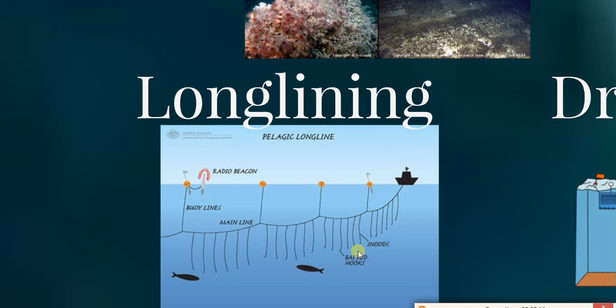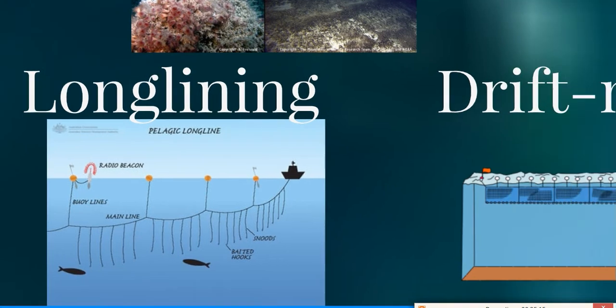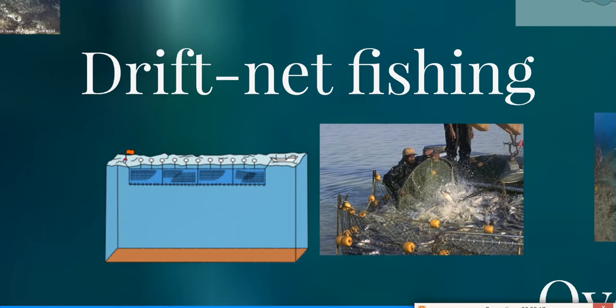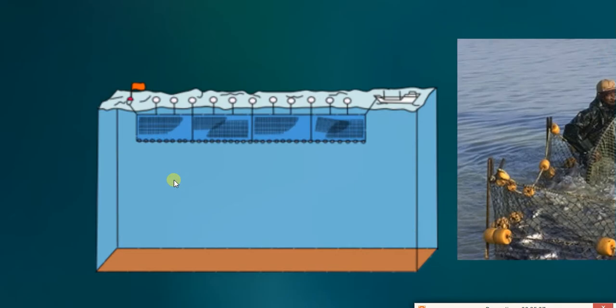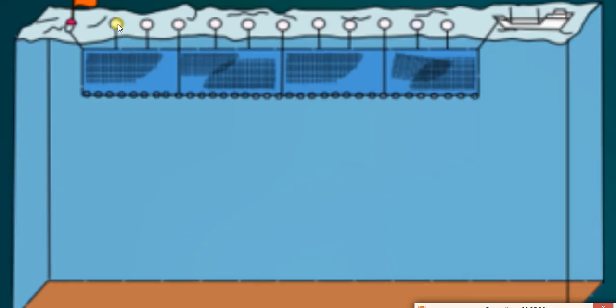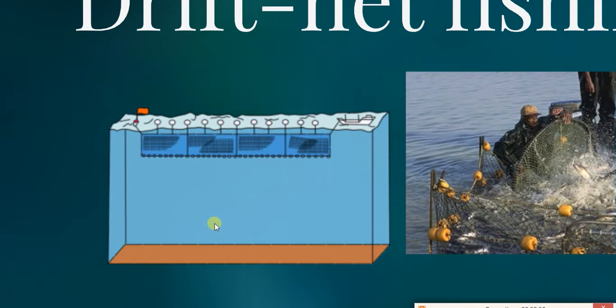So drift net fishing here, where basically they have these nets where we have these buoys again. I'm pointing, but I should zoom in there for you. We have these buoys holding up the net in certain areas. And drift net fishing can catch a lot of what we call bycatch, where we're just basically catching everything. We're not really just fishing for one thing or the other.